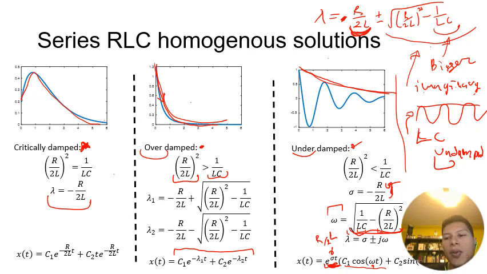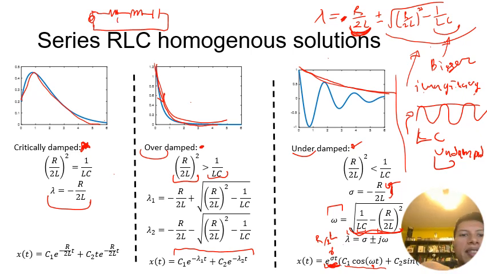Now, one thing to note is that if we look at our series RLC circuit, with an R, an L, and a C, and this resistance becomes large, then all of the voltage is going to drop across that resistor. In order to become more damped, you need to make R bigger.